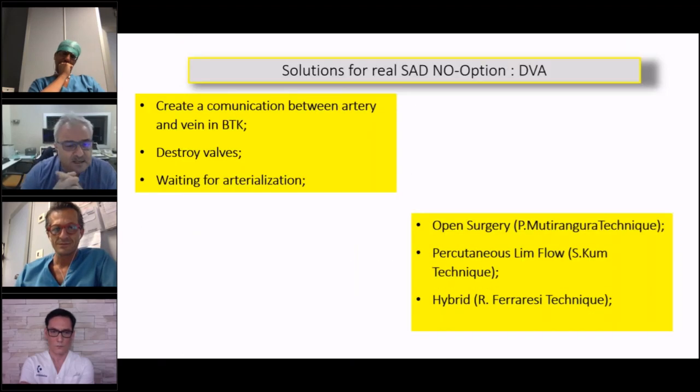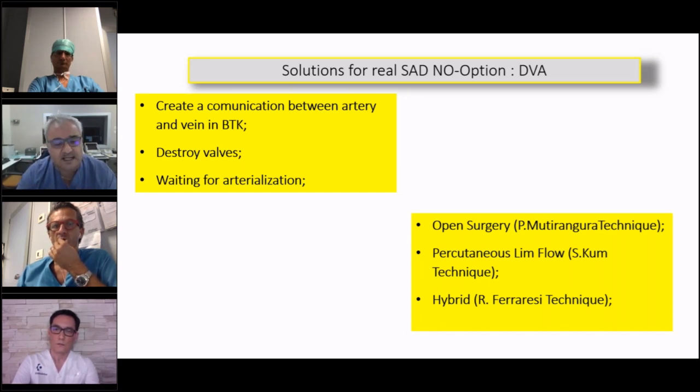So in the last years, we tried to rescue a very old technique already published a century ago. For these patients with a long history of consecutive failed revascularization attempts, there is the possibility to create what we call a deep vein arterial fistula in order to achieve arterialization.